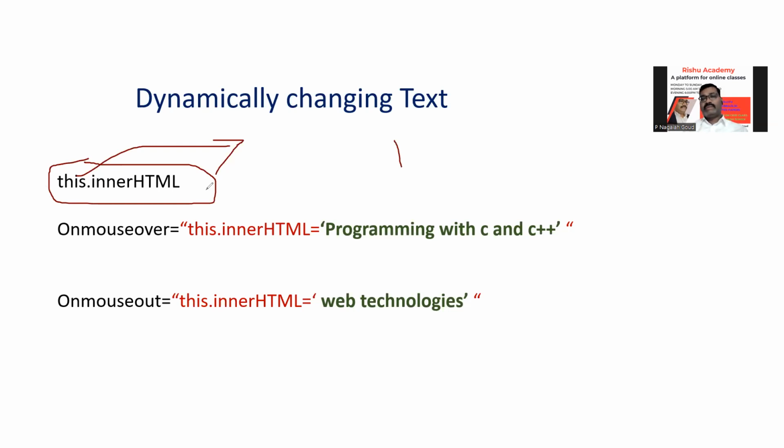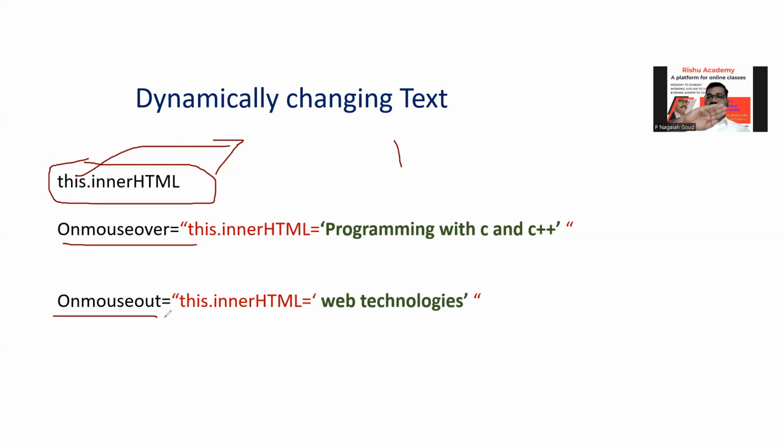dynamically, right? So in this case, I want to make use of on mouse over and on mouse out properties. These are the two actions the user performs here. The first action here is on mouse over.